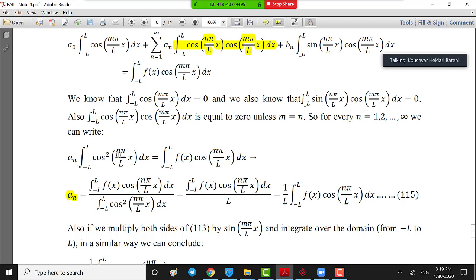Is equal to 1 over L, not 2 over L, like the previous cases. 1 over L, integration from minus L to L of f of x cosine of m pi over L x dx. Why is that? That is because the integration from minus L to L of cosine squared dx is equal to what? Is equal to 1 over 2 times L minus minus L, which is 1 over 2 times 2L, which is L, right?